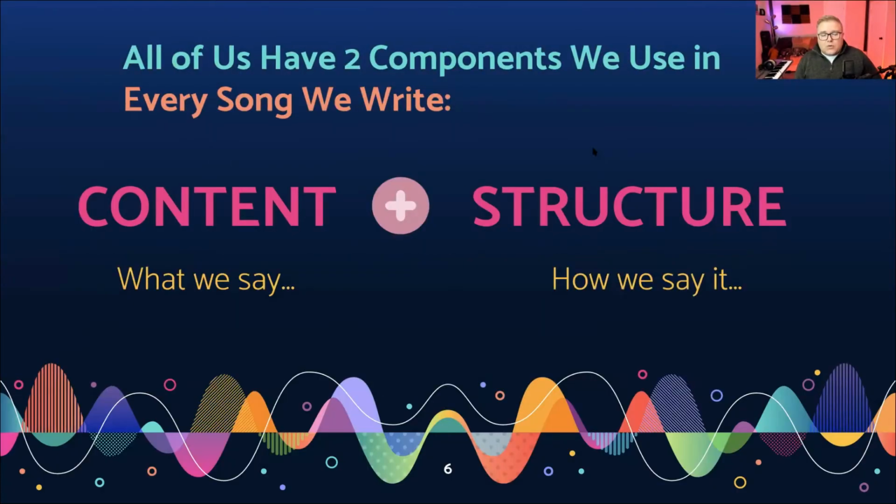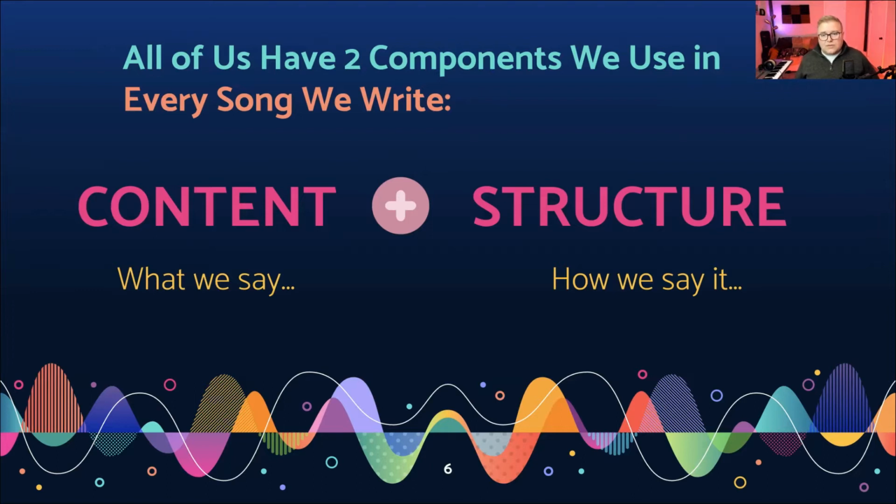So what I wanted to go over tonight is how you can start thinking about that within your own songwriting. When we think about songwriting, there's really two components in every song that we write. There's content and there's structure. Content is what we say, and structure is how we say it.